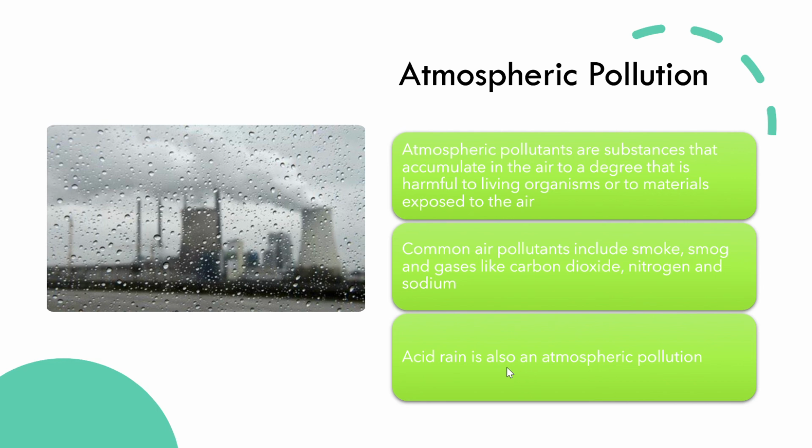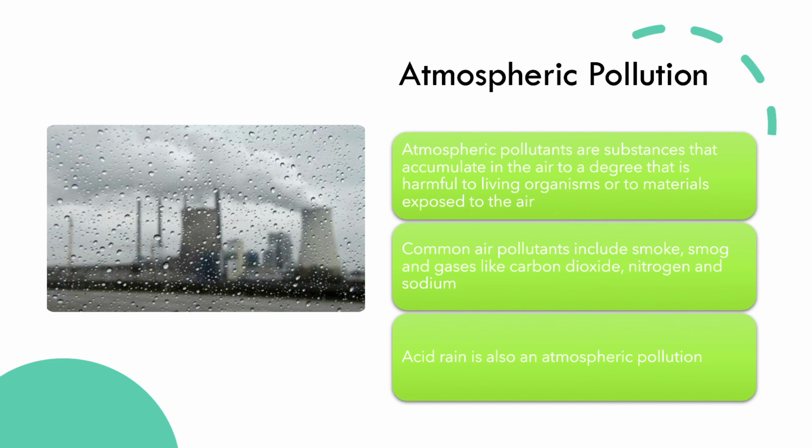So there are different types of harmful gases present in the air, which are known as pollutants, and they harm not only living organisms, they also harm marine animals as well as different buildings.